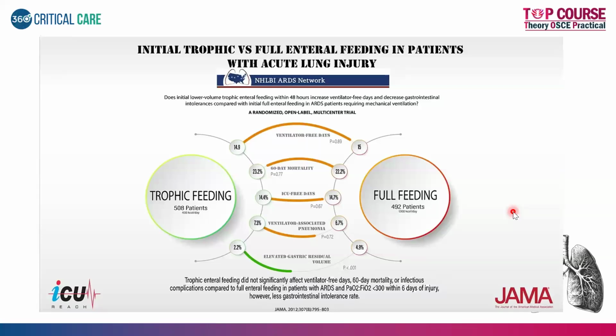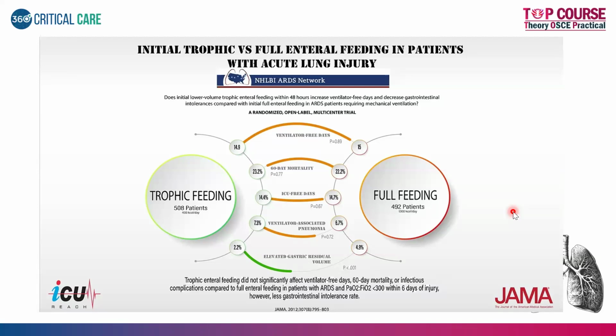This is one of the trials which was published in JAMA, which looked at what would happen if there was initial trophic feeding versus full enteral feeding in patients with acute lung injury. This was published way back, roughly a decade ago, in 2012.